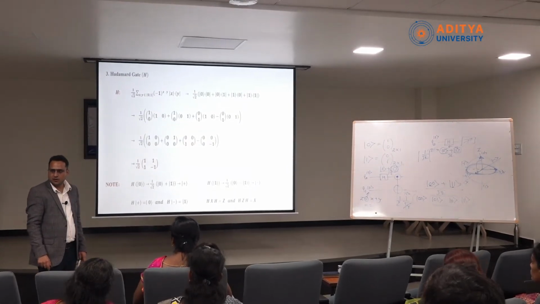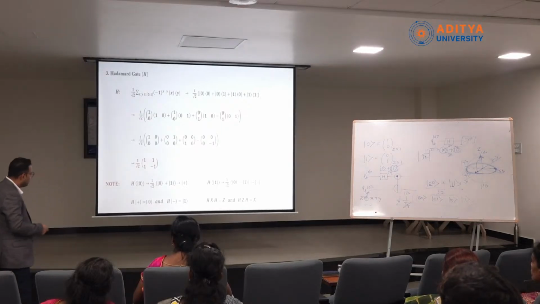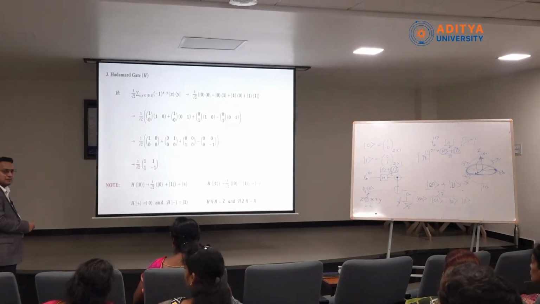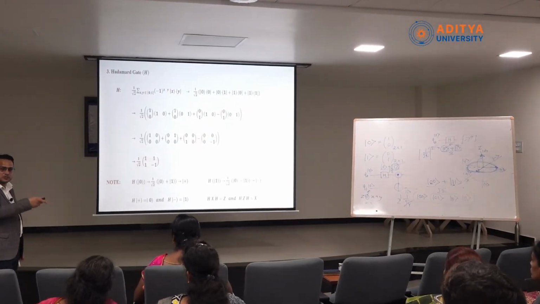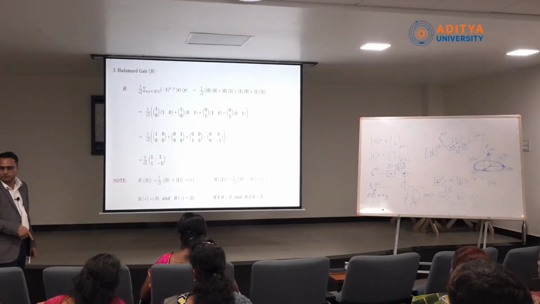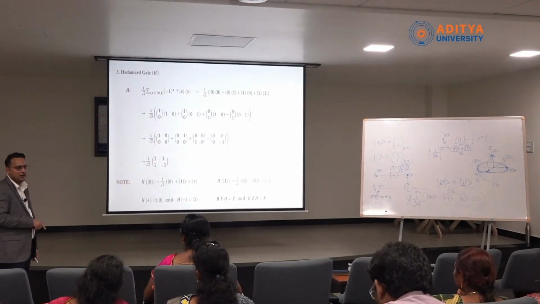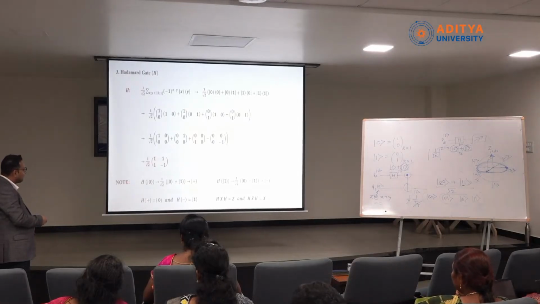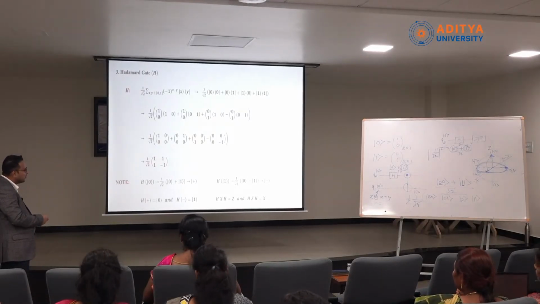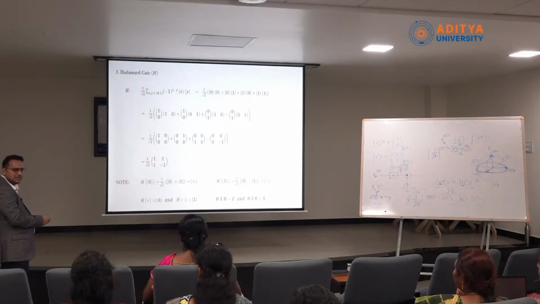Clear? Now, these are some results to always remember, and we will use all of these in Grover's search algorithm. So just remember, at that time I will ask you to recall. Now listen, Hadamard applied on 0 gives the state equivalent to plus.